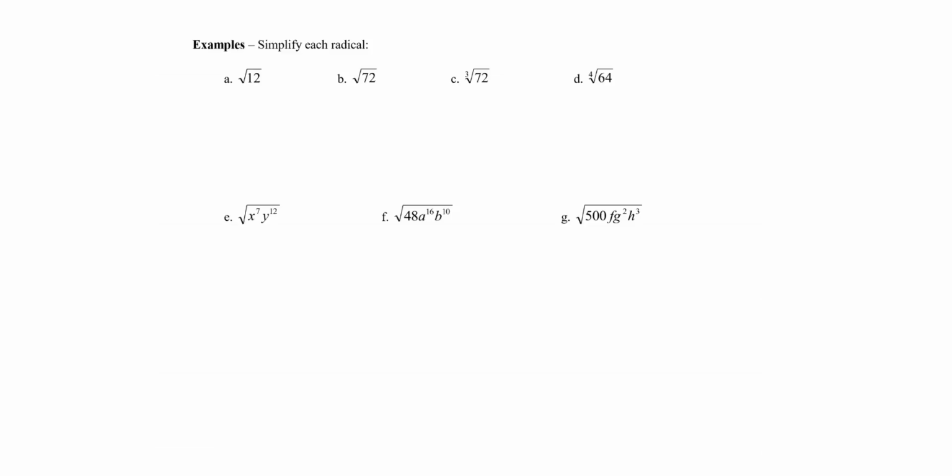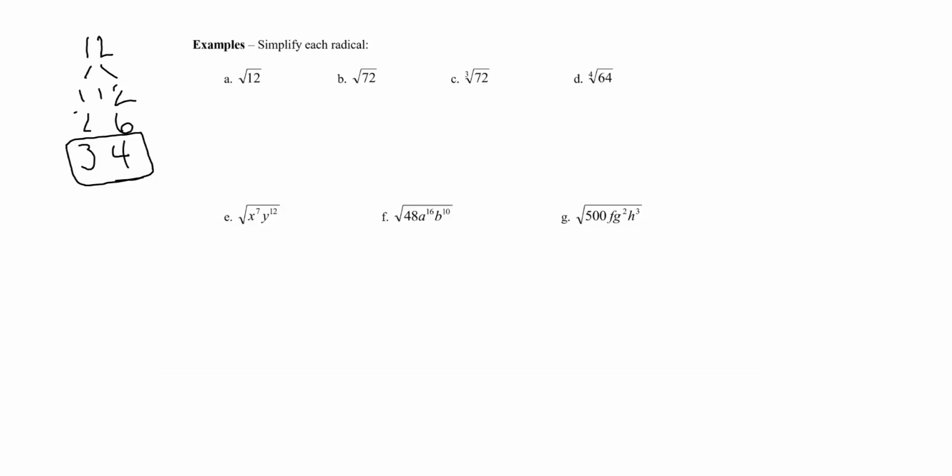So what you need to do is look at your factors of 12. If I write over here 12, I know to get 12, I can do 1 times 12, 2 times 6, and 3 times 4. And what I'm looking for are factors that have a perfect square in them. Remember, our perfect squares: 1 squared is 1, 2 squared is 4, 3 squared is 9, 4 squared is 16. Within that list, 4 is a perfect square.